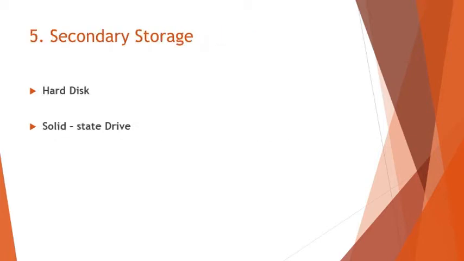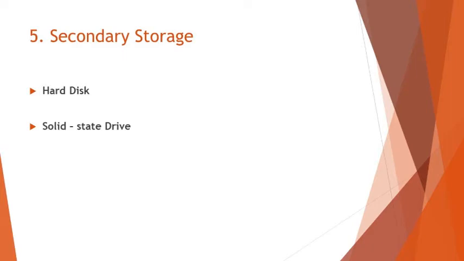Now we have the secondary storage. Basically we have two major divisions of the secondary storage. The first one is the hard disk and the second one is the solid state drive, which means the SSD. The SSD is one of the latest updates in the secondary storage devices.